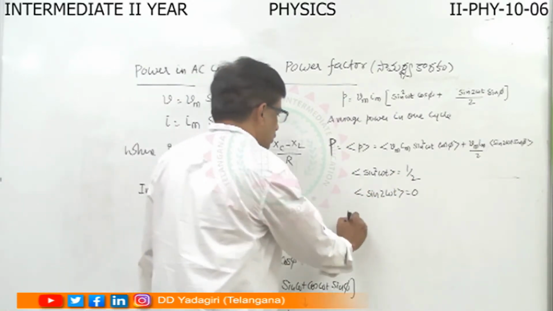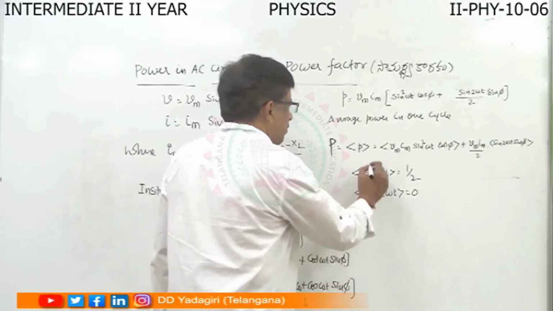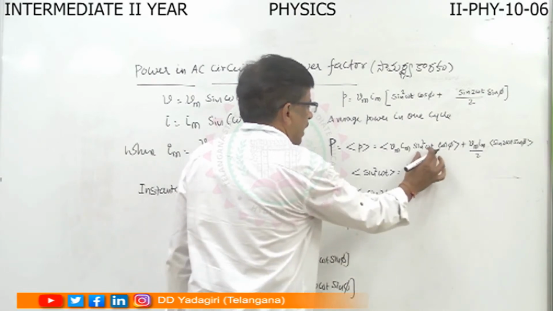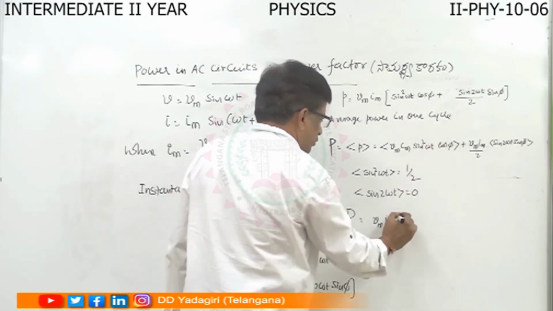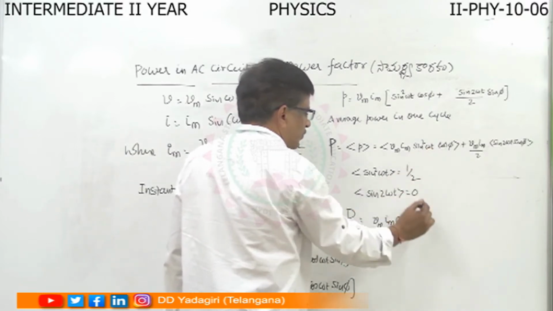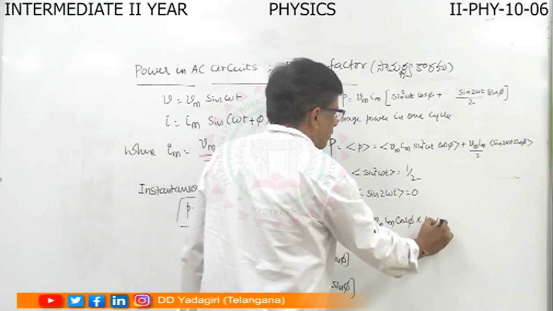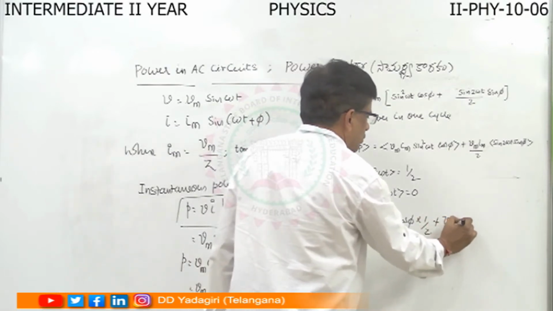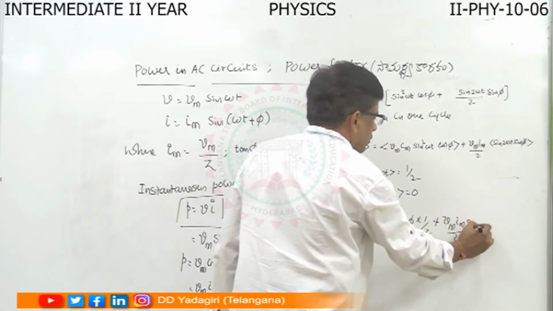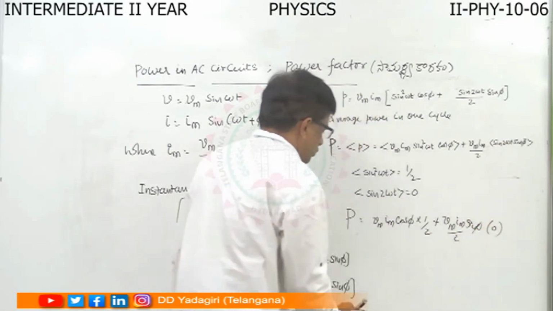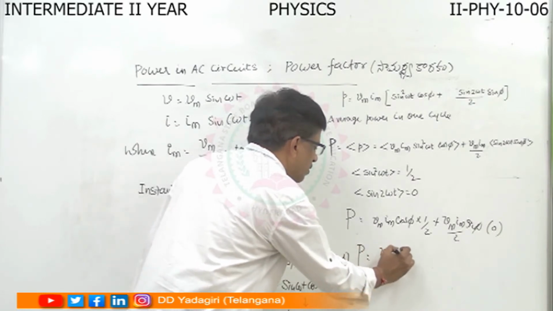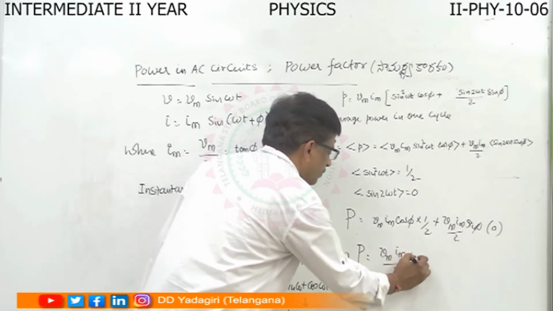You get P is equal to Vm Im, the average of sin² ωt over one cycle becomes half, times cos φ, plus Vm Im by 2 times the average of sin 2ωt, which will be 0. So ultimately you get P is equal to Vm Im by 2 cos φ.